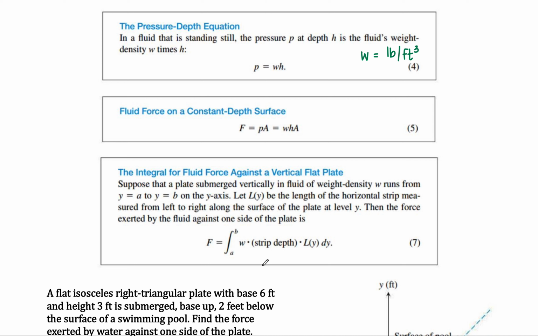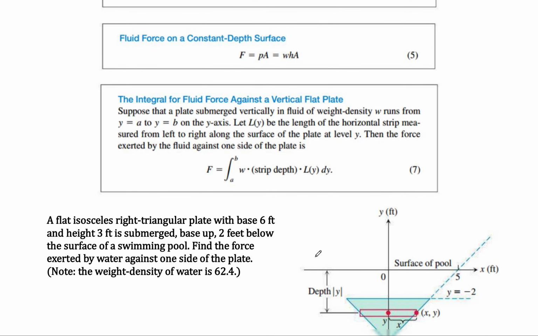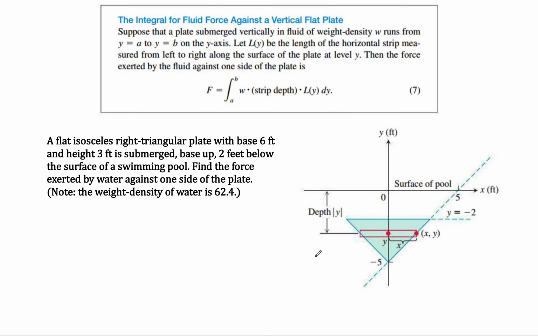The force is the integral from a to b of W, which is the weight density, that's going to be a constant, times the strip depth, and that's typically just going to be y, times the length of that horizontal strip, dy.